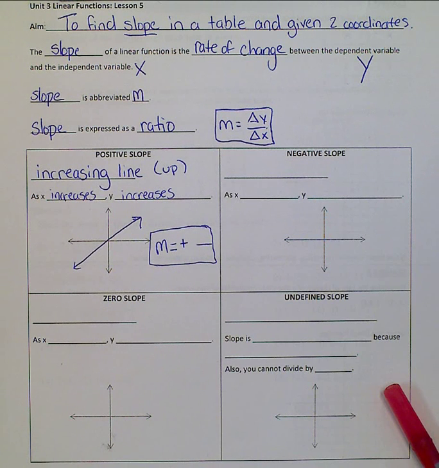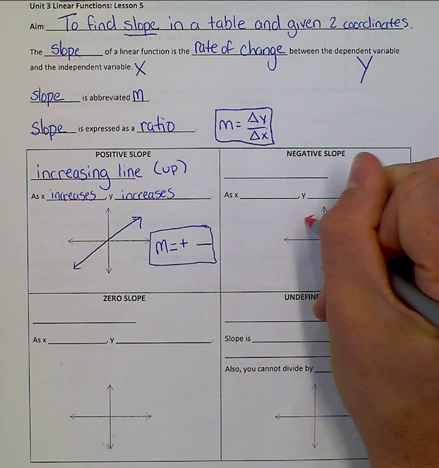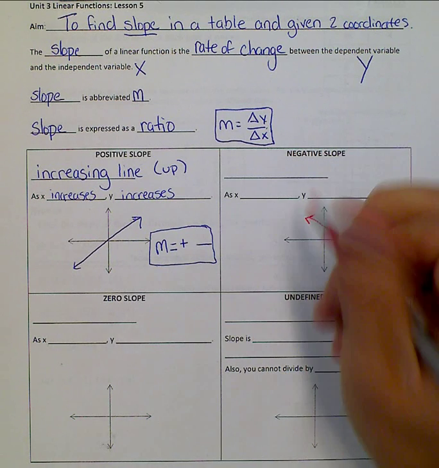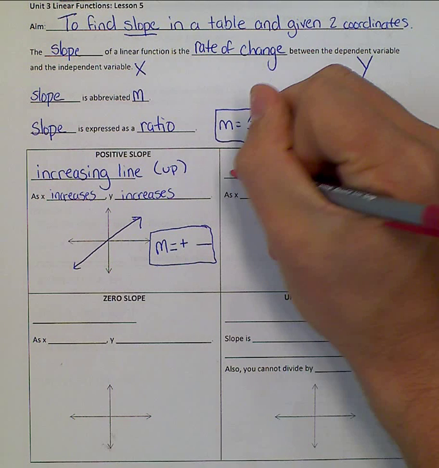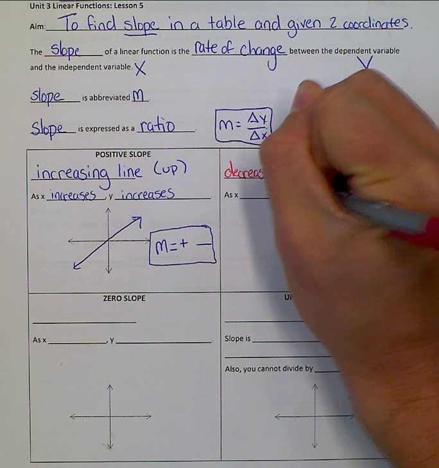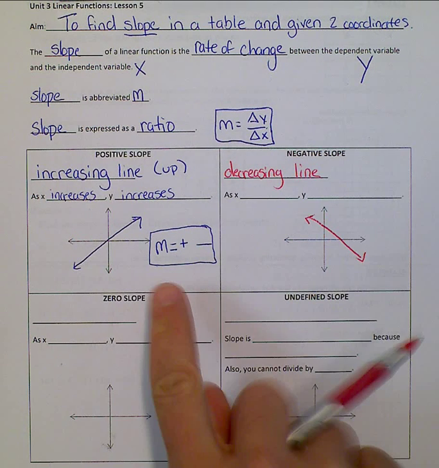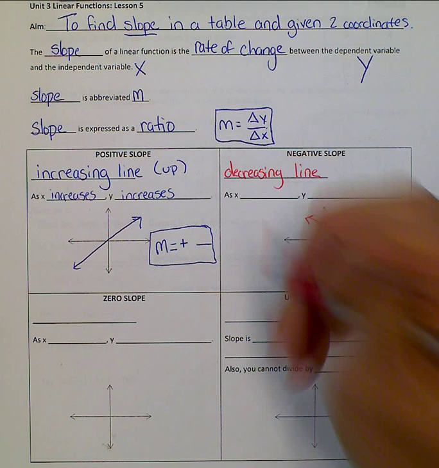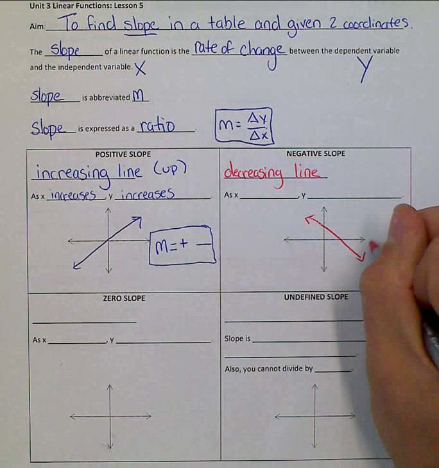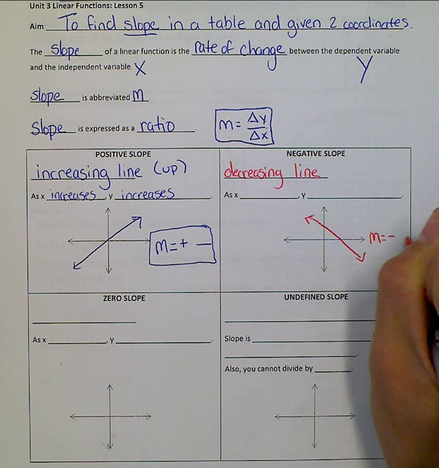If it's a negative slope, that means the line's going down in a downwards direction, or what we might refer to as a decreasing line. So when the line is going down, that means our slope is going to be negative, not positive. That's important. Because now we have part of our answer. m equals a negative fraction, whatever that fraction is.